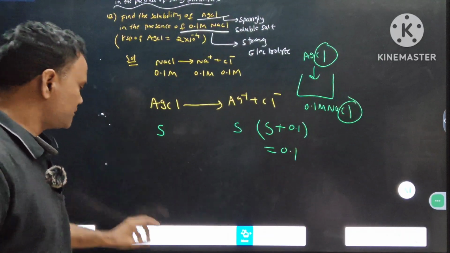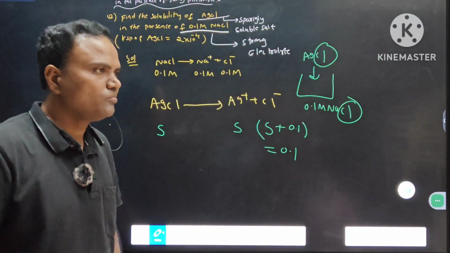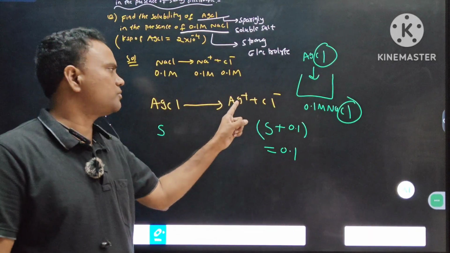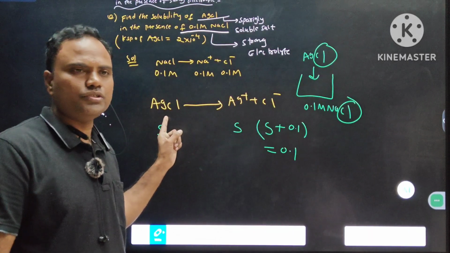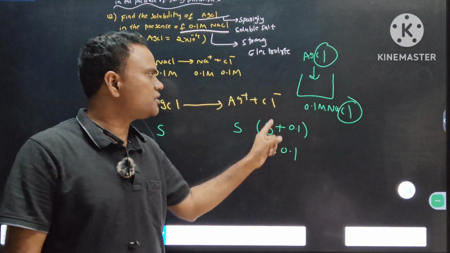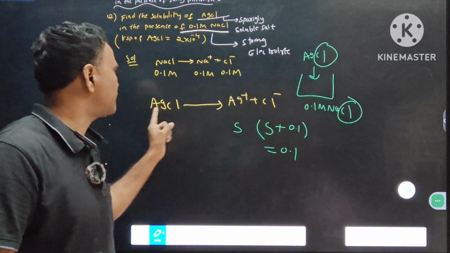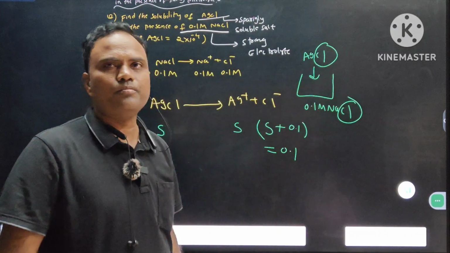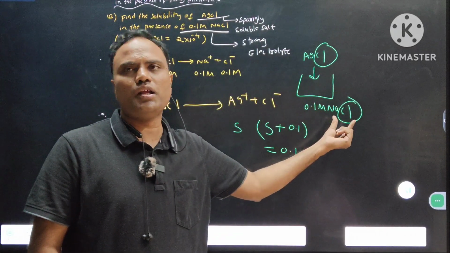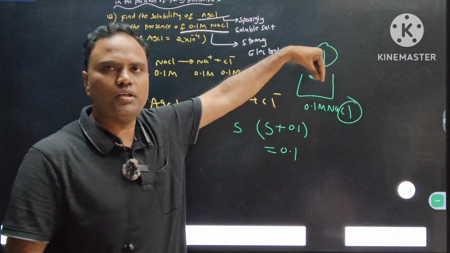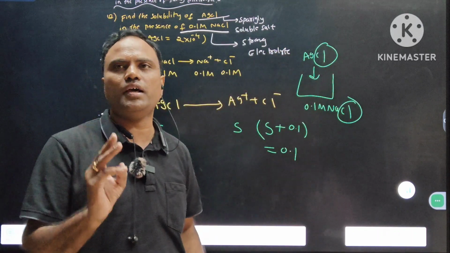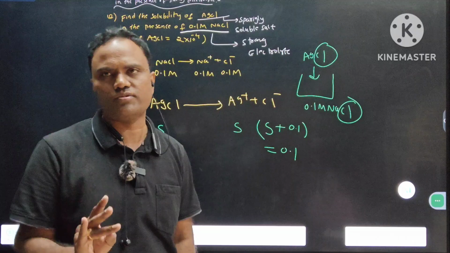Once again look at this. S is the concentration of Ag plus ions coming from AgCl. Here also S is the concentration of Cl minus ions coming from AgCl. Looking at this diagram, in 0.1 molar NaCl you are adding AgCl. Means in the beaker you have chloride ions coming from two sources.